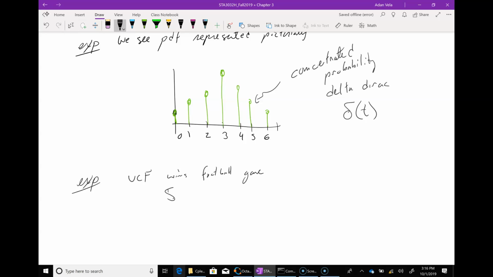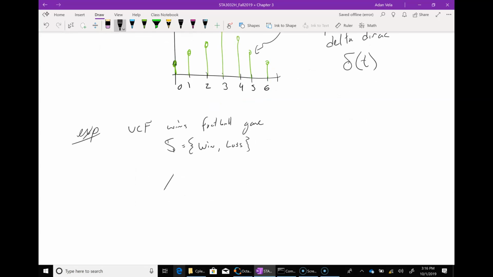Here, the sample space is given by win and lose. Our random variable x can take on two values: 1 if we win, and 0 if we lose.